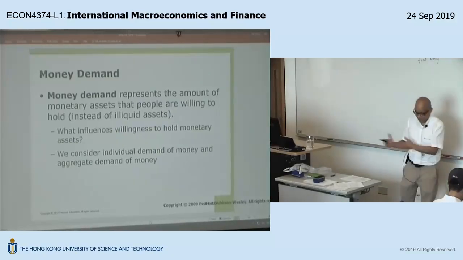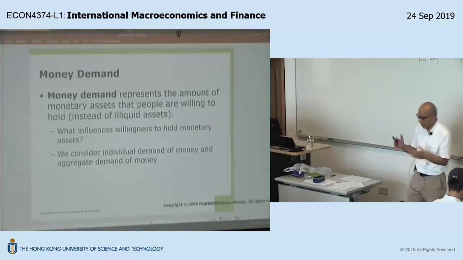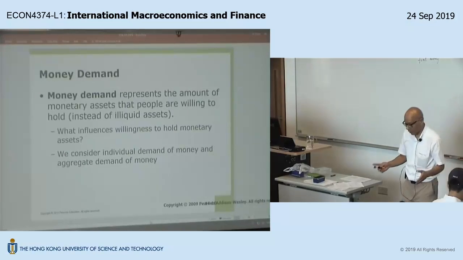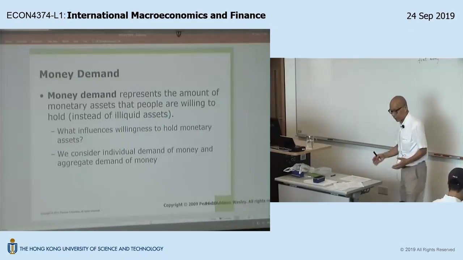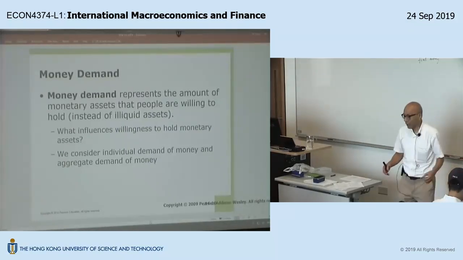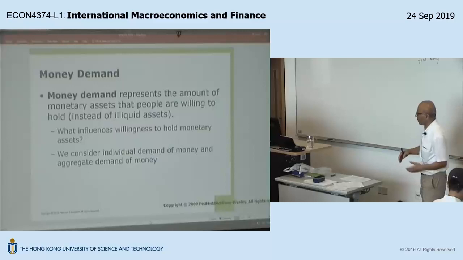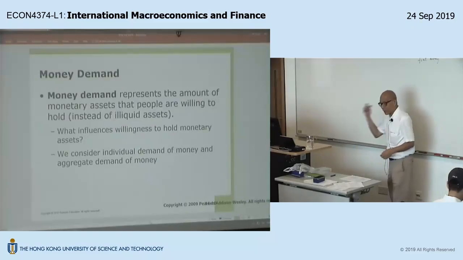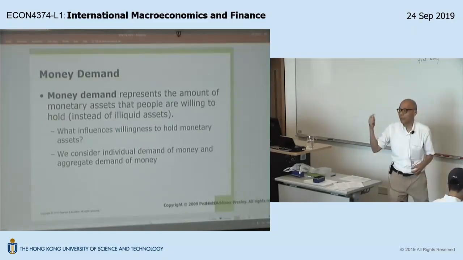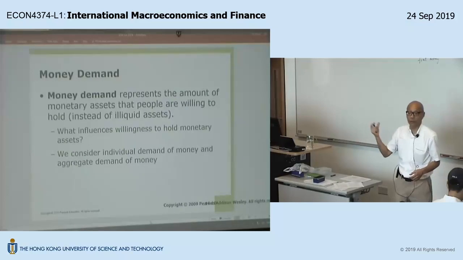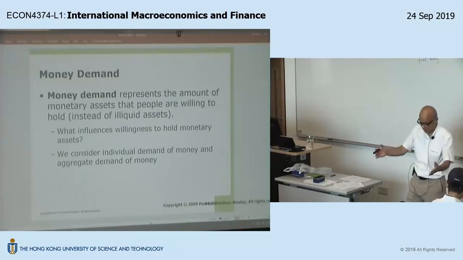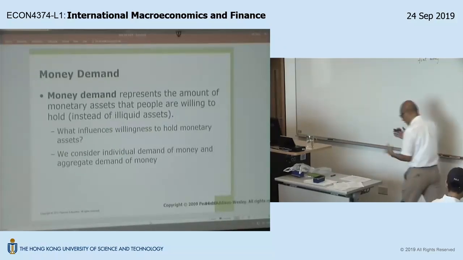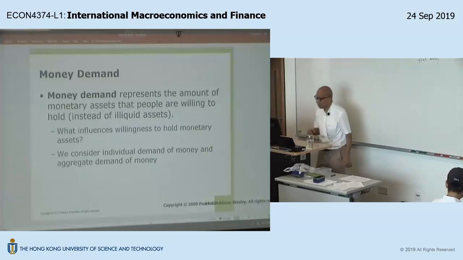Those will be illiquid assets, and then you need $5,000 for your payments. That is the liquid asset that you have to keep. So for you it's like that. Behind your mind, you are doing this trade-off. You decide how much of your assets should be kept as money, and how much as an interest-bearing asset.